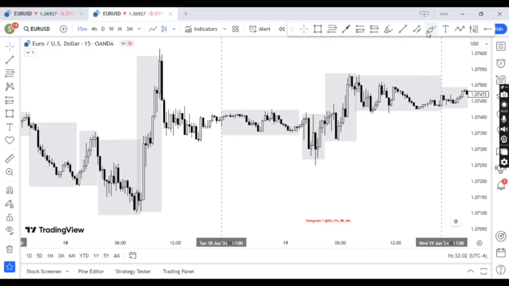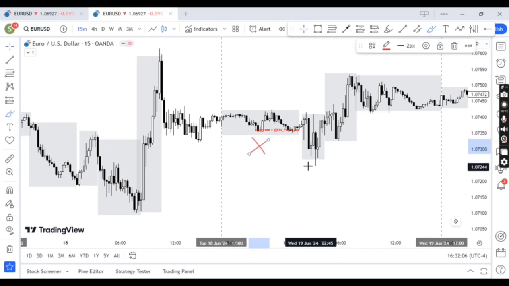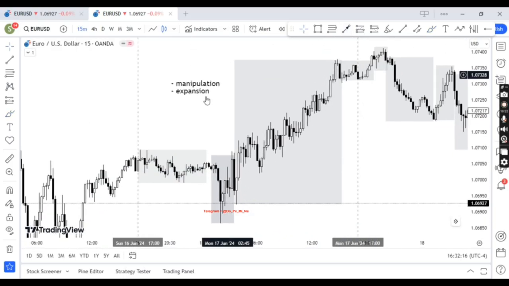Now the way you can use it is you're going to avoid trading the ranging profile and the manipulation profile, and only try to position yourself in the expansion profile and only trade expansions or reversals. So let's start off with Monday.